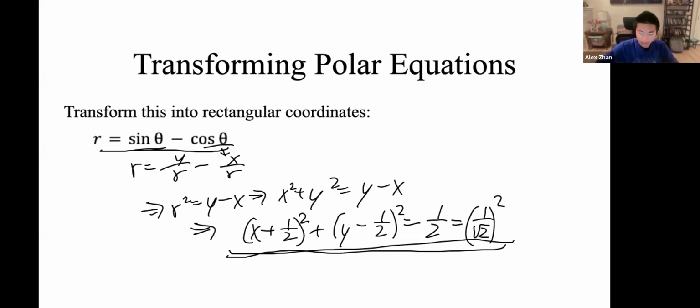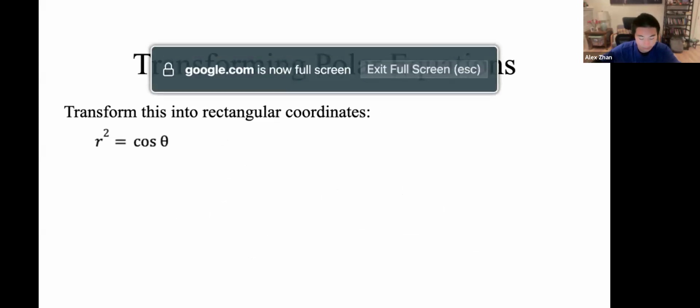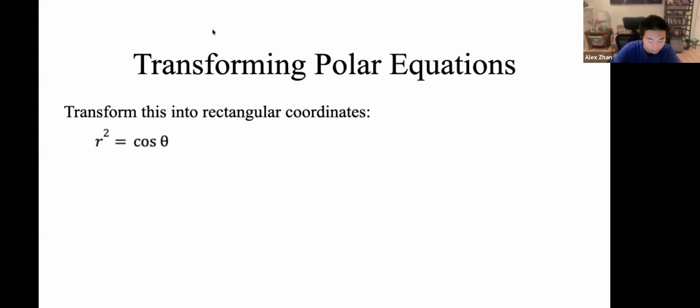Okay, then if you guys understand this one, then let's try the next. Okay, just give this one a try. Remember what I said earlier, if you really can't find any good way to resolve it, then you can just directly replace cosine theta and sine theta with the x and y representations and bash.